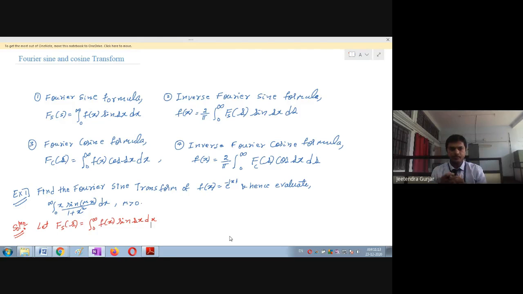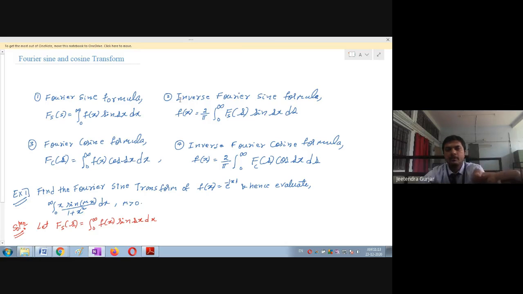The Fourier sine transform formula is given by: Fs of s, this small s is nothing but the sine. So Fs of s is equal to integration 0 to infinity f of x sine sx dx, and we have its inverse, which is very important and very helpful to evaluate and deduce the examples.